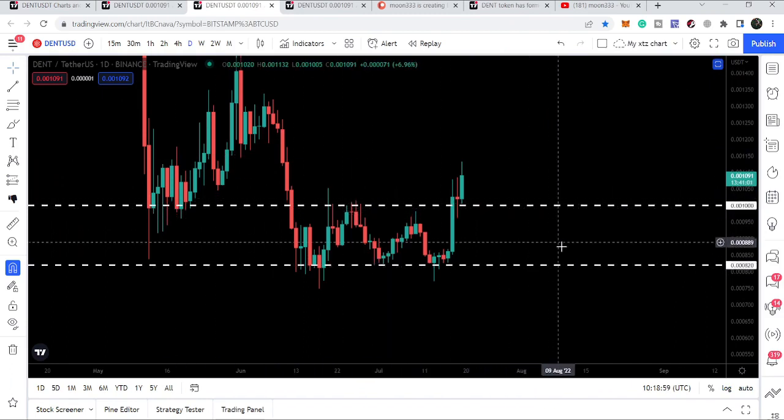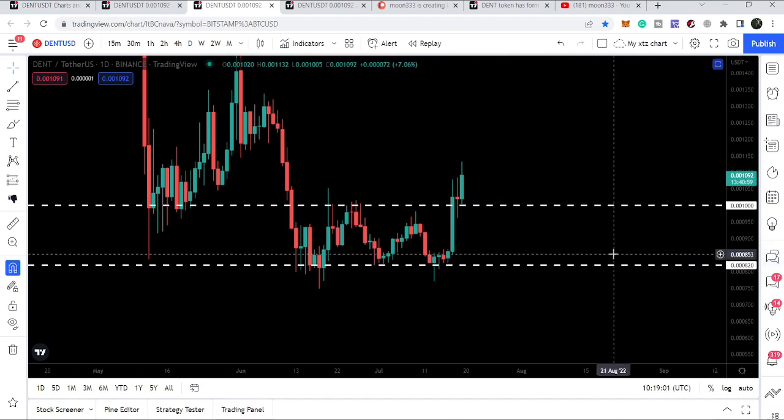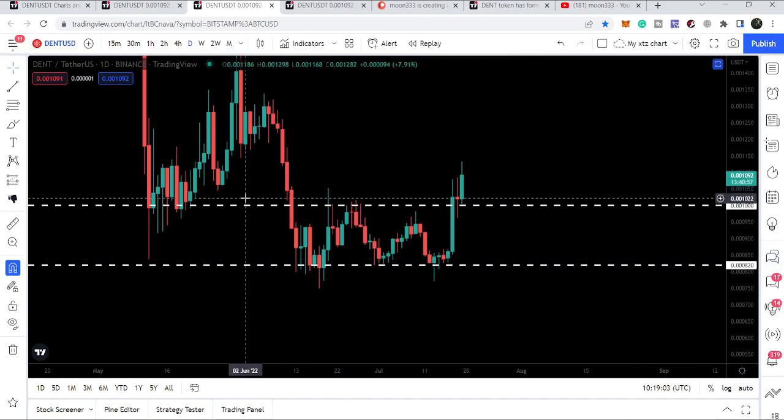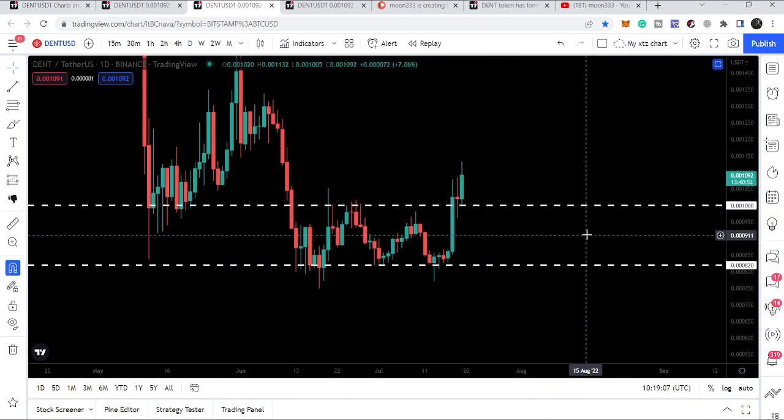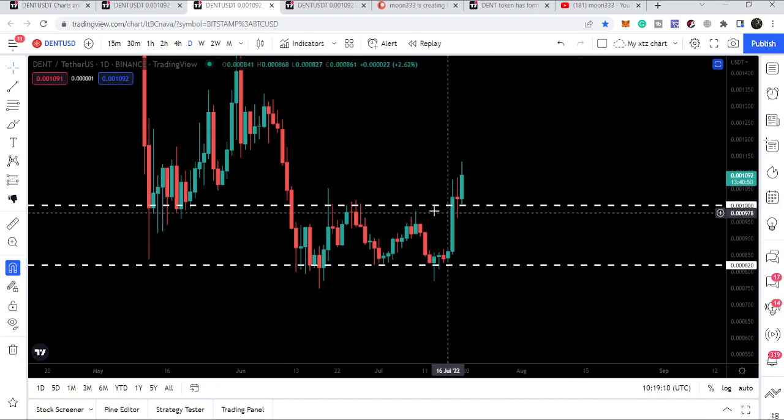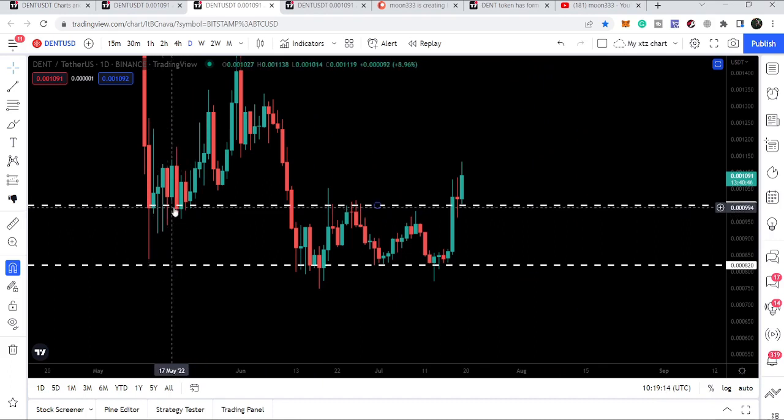And if we take a look at the daily time frame chart, then here we had the key support and key resistance. The key support was here at 820 that we have just discussed a few moments ago, and this is the key resistance that we have, $0.0010, and you can see that we have several bounces from here, and we have a rejection here.